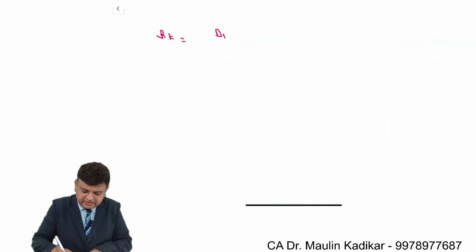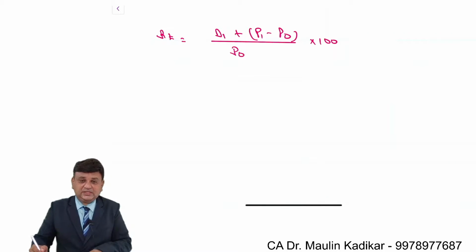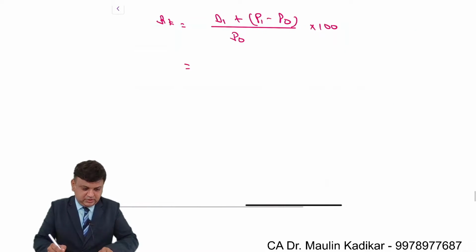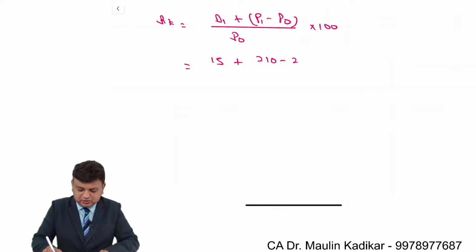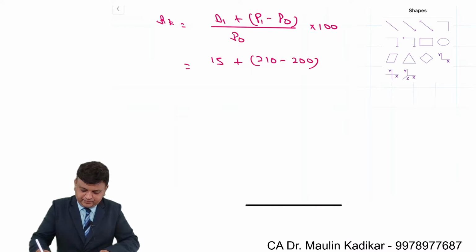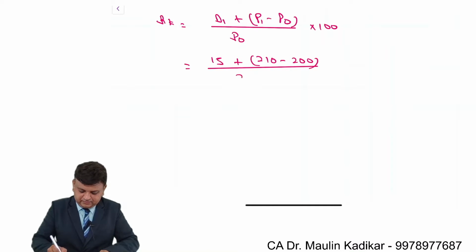Return is equal to D1 plus P1 minus P0 divided by P0 into 100. This is the way the return is found. So the dividend is an amount of rupees 15. P1 is 210. P0 is 200, whole divided by 200 into 100 for getting answer in percentage.